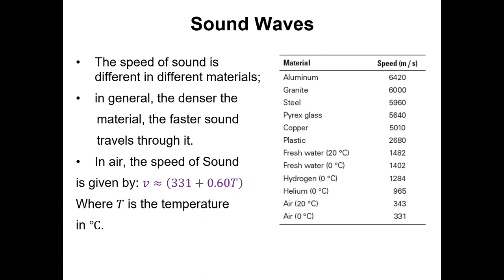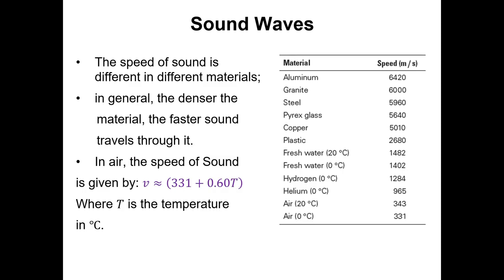Anyways, it's 331 plus 0.6 times capital T. So let's say at room temperature, it's 20 degrees Celsius. You have 331 plus 0.6 times 20. 0.6 times 10 is 6, so 0.6 times 20 is 12.